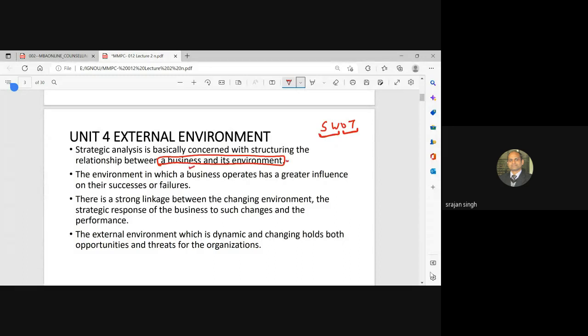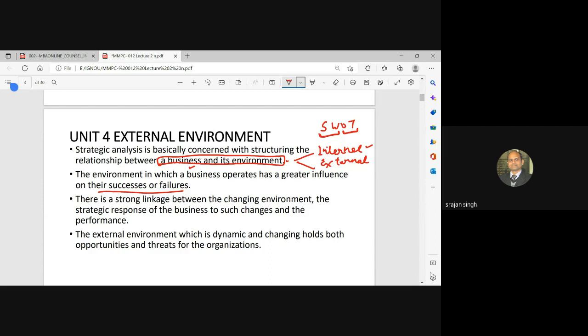Now environment can be of two types: one is internal and the other one is external. We all know that internal environment is controllable, whereas external environment is not controllable, but we can control internal environment to a great extent. The environment in which a business operates has a greater influence on its success or failure.